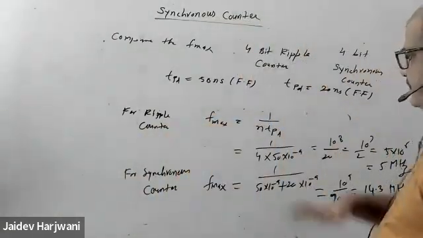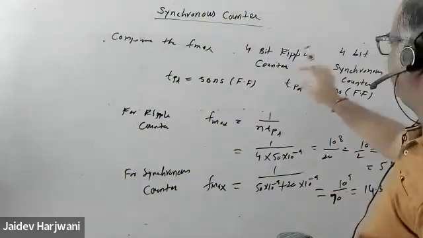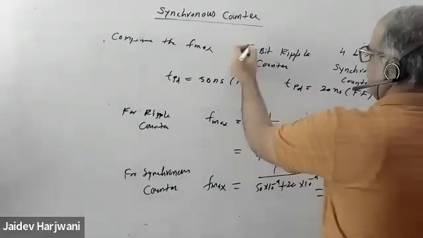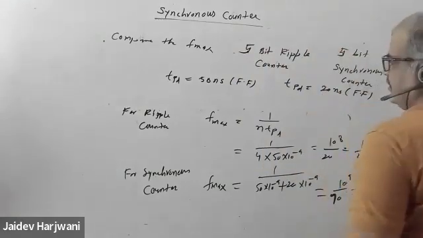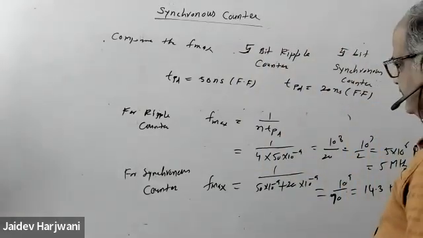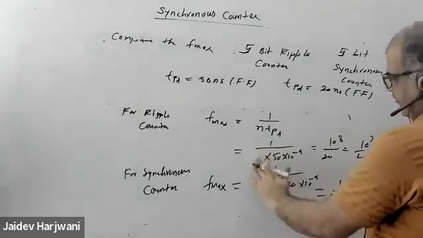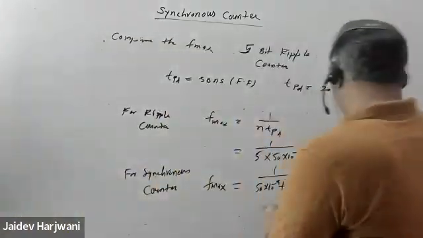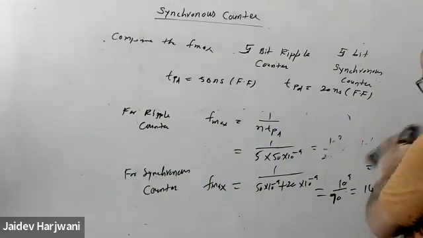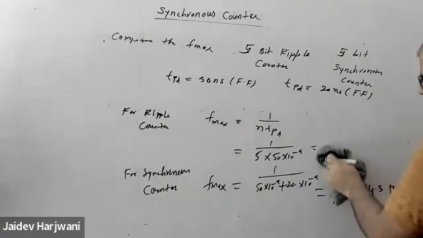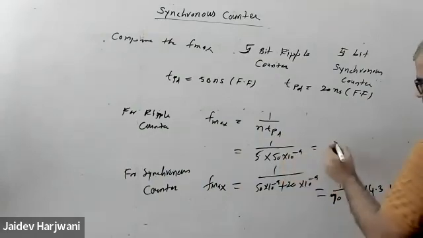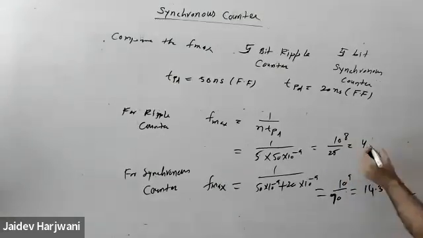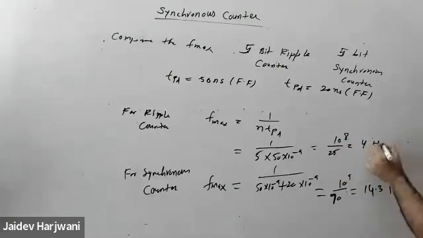Now suppose we have a 5-bit ripple counter instead of the 4-bit we just calculated, so instead of 4 there will be 5. If you calculate the frequency, it becomes 10 to the power 9 upon 250, which is 4 megahertz.